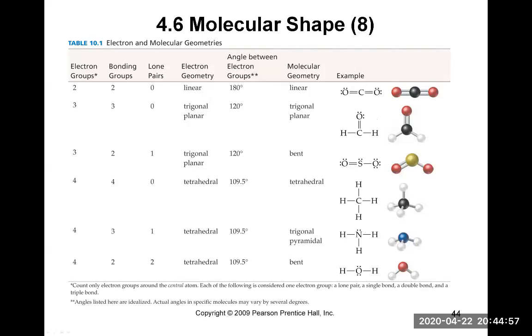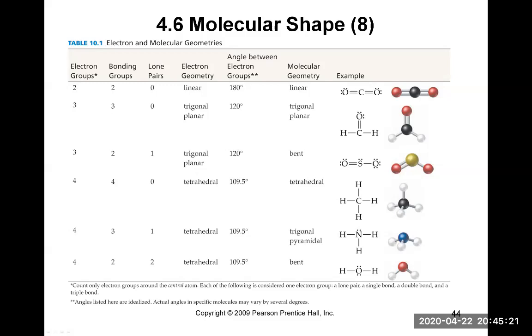So we said we have 4 electron groups. So you want to look at one of the 3 lines on the bottom of the table. Then we said 2 bonding groups and 2 lone pairs. So it's really the bottom line of the table that has 4 electron groups, 2 bonding groups, 2 lone pairs.